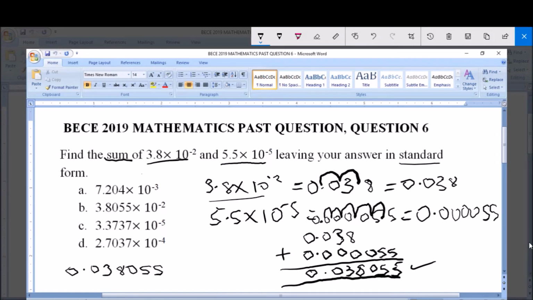You are trying to convert this number into standard form, so you move it to the right.